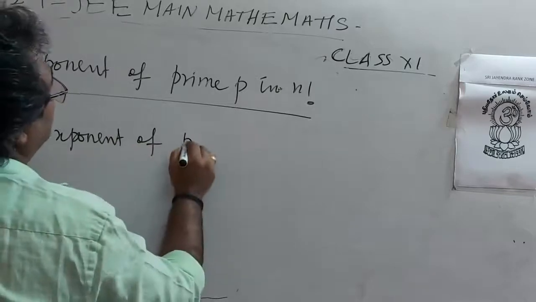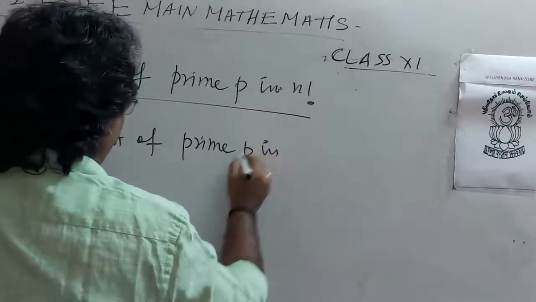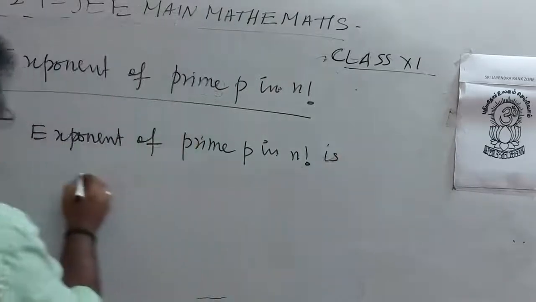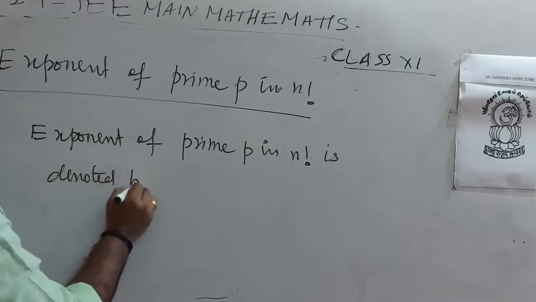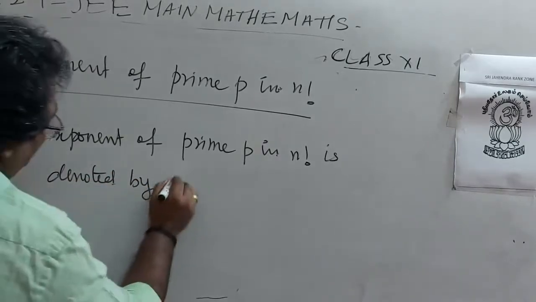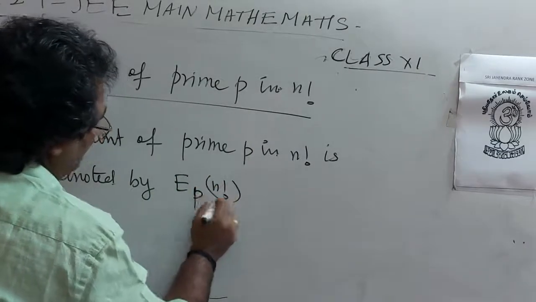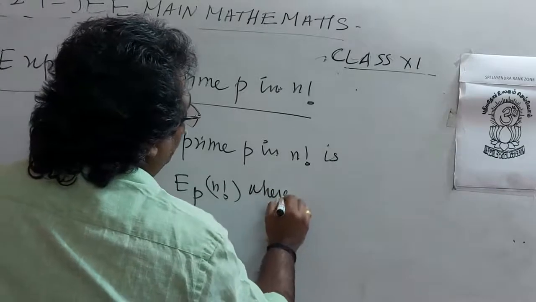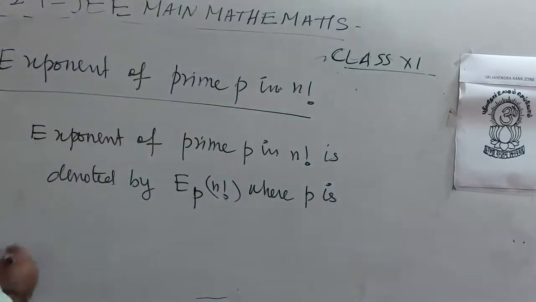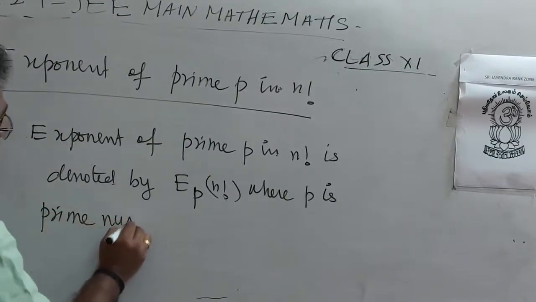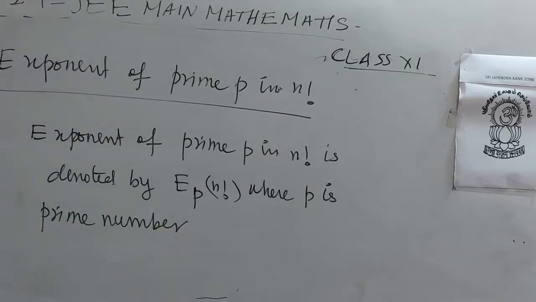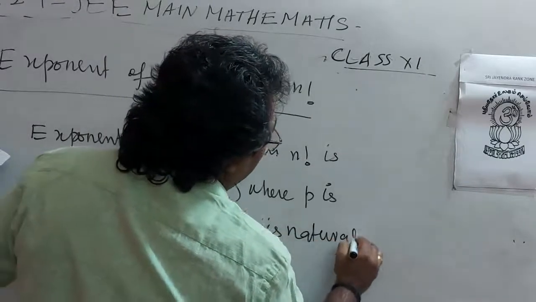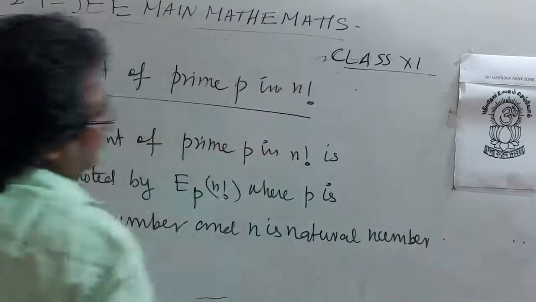The exponent of prime p in n factorial is denoted by E p of n factorial, exponent p of n factorial, where p is a prime number and n is a natural number.